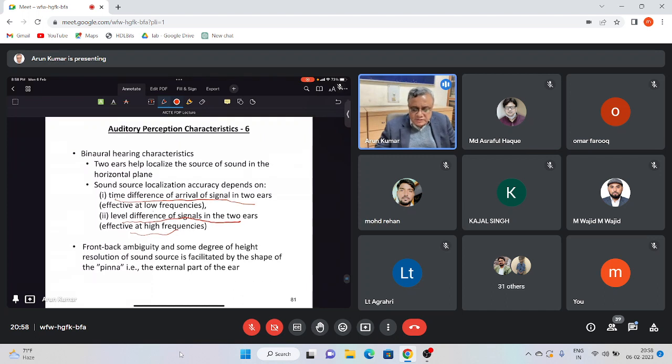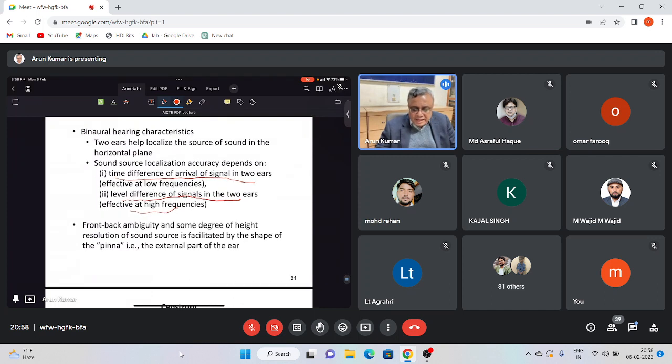Then we also have the phenomena of front-back ambiguity, and also the ear is able to have some resolution in terms of the height of the sound source, which is facilitated by the shape of the pinna or the external part of the ear.